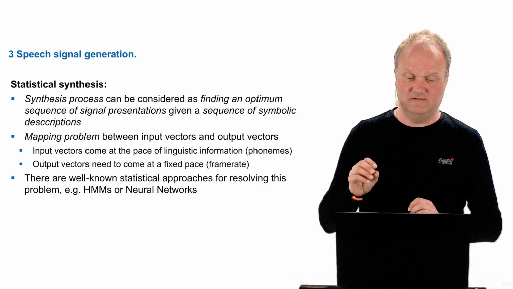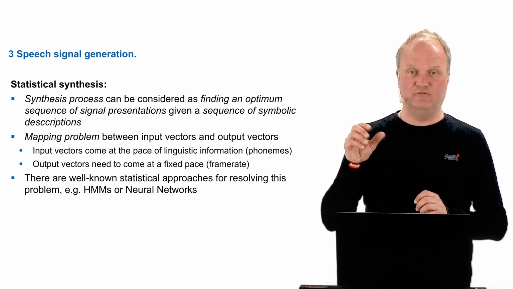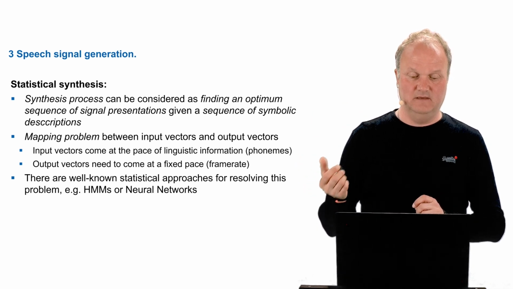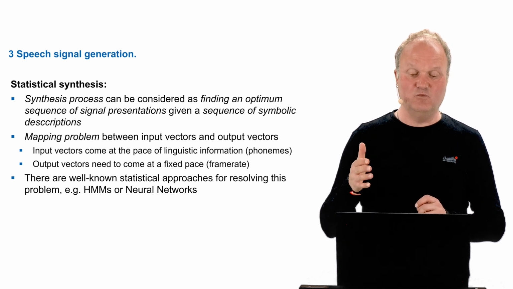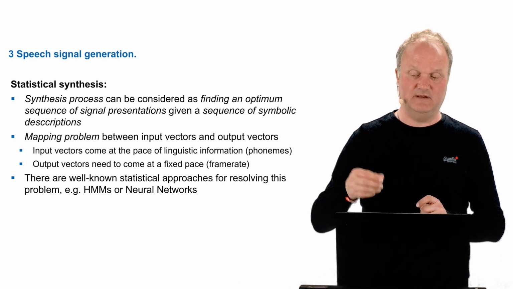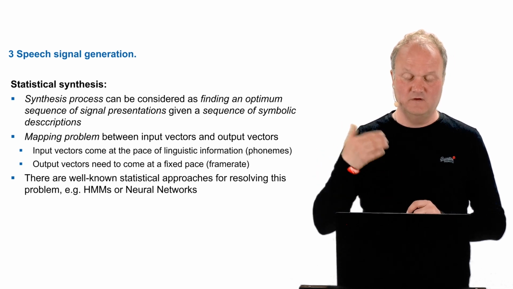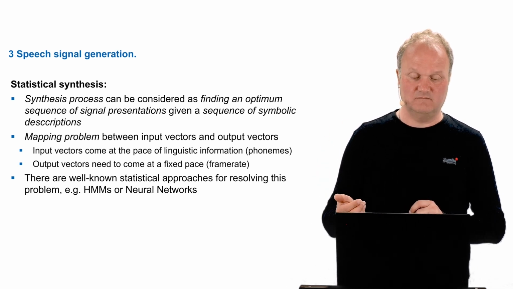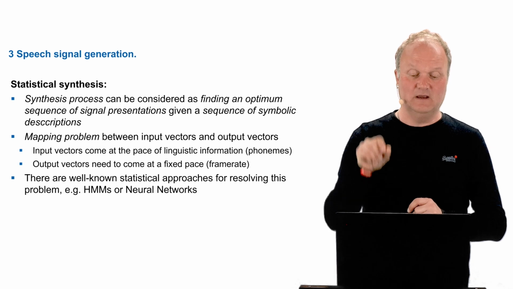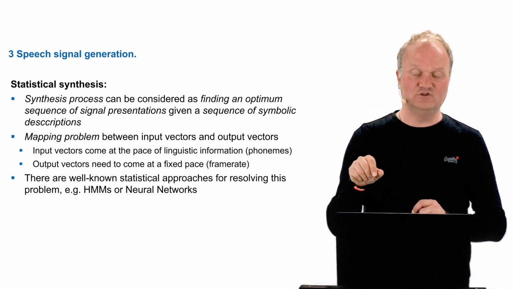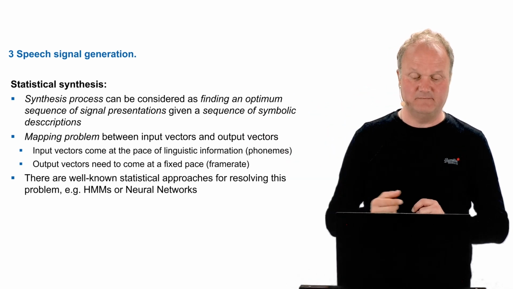The problem is that the input and the output come at different paces. The input vectors come at the pace of the linguistic incoming information, for example, at the pace of phonemes or of words or functions in a certain sentence. The output vectors need to come at a fixed pace in order to generate signals with a fixed frame rate.